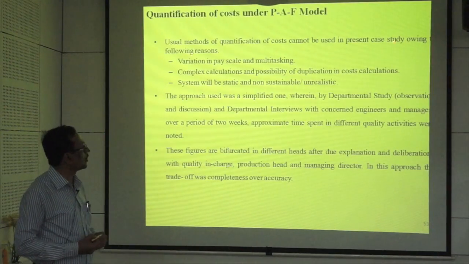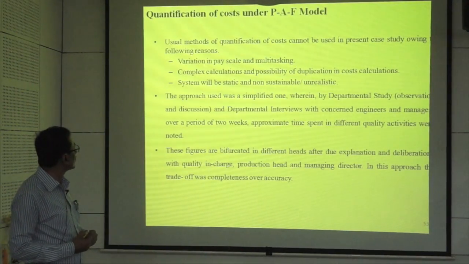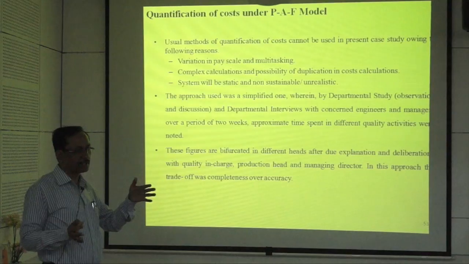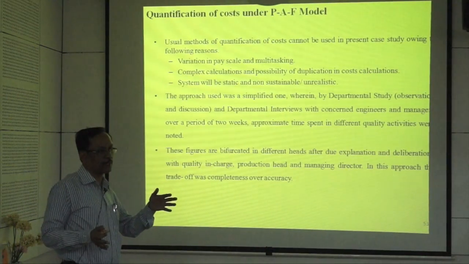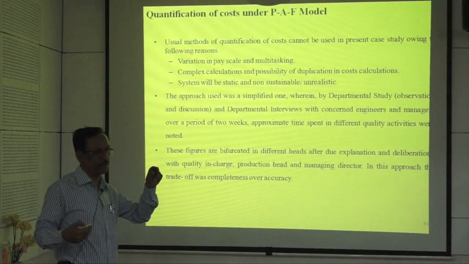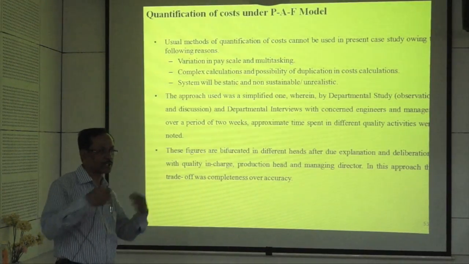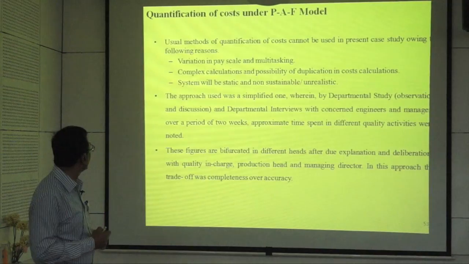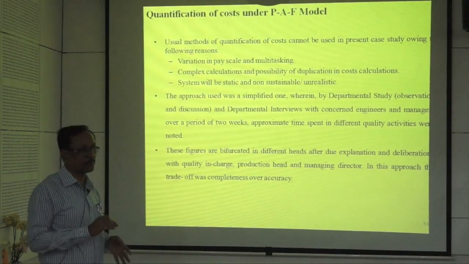Usual method of quantification of cost cannot be used because there is a variation in the pay scale. In the 10 persons that are working in the quality department, as engineer, manager, there is a variation from the top person to the bottom person. But there is multitasking, role changing. Then complex calculation and possibility of duplication.